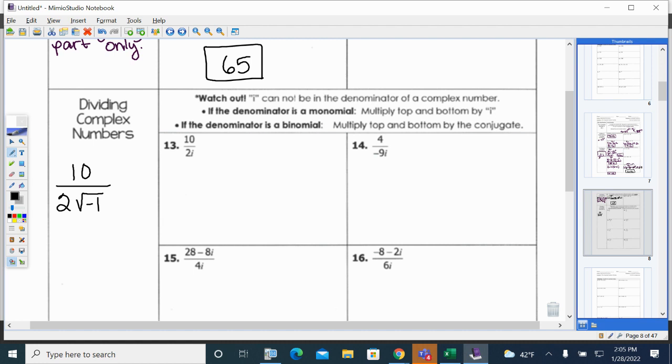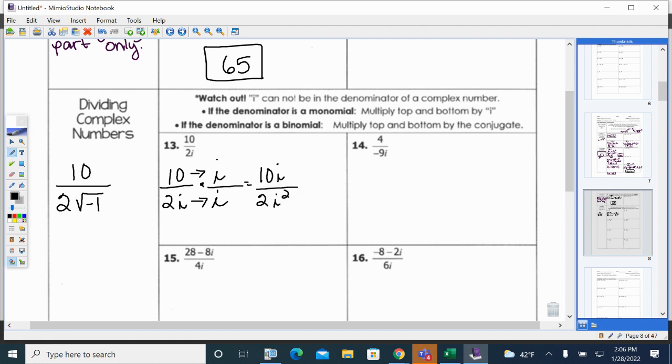In example number 13, the denominator is a monomial. No pluses, no minuses. It's just one term. So what we're going to do here is multiply the top by an i, and multiply the bottom by an i. Now what happens is, with fractions, we multiply straight across. So 10 times i is 10i, and then 2i times i is 2i squared.